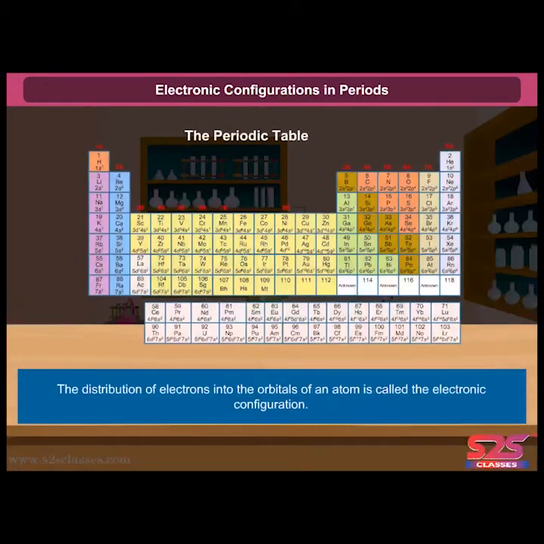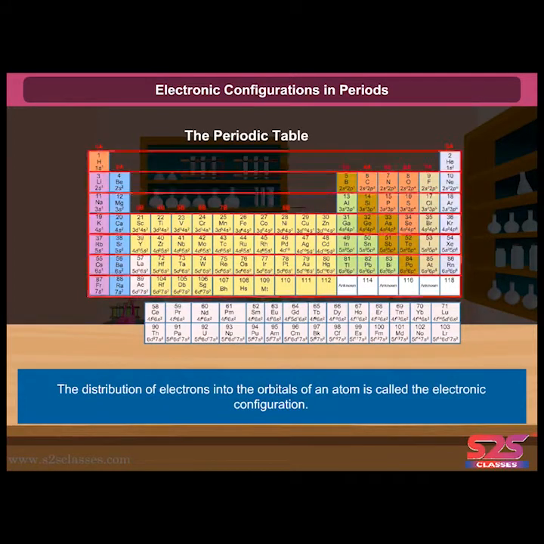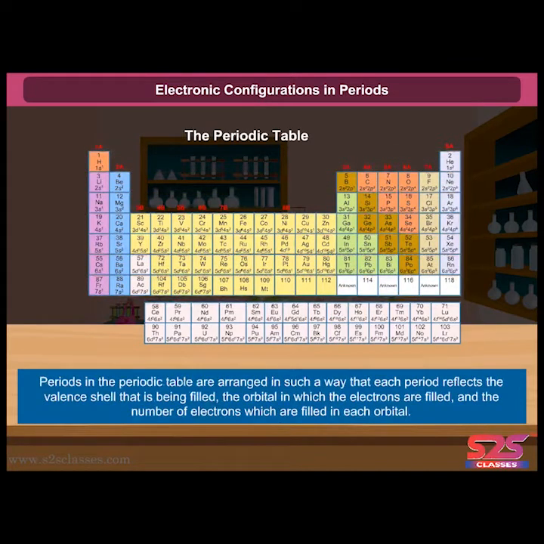Electronic configurations in periods. The distribution of electrons into the orbitals of an atom is called the electronic configuration. Let us discuss the electronic configuration in periods and groups separately. Periods in the periodic table are arranged in such a way that each period reflects the valence shell that is being filled, the orbital in which the electrons are filled, and the number of electrons which are filled in each orbital.